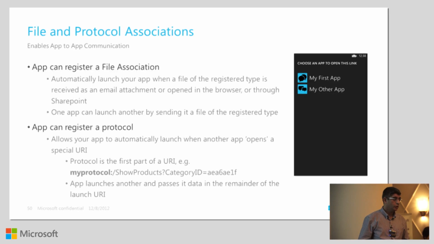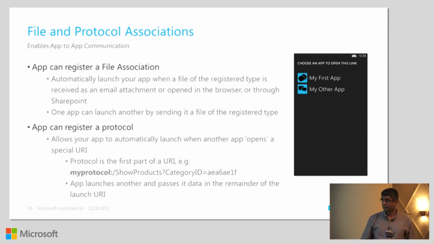You have file and protocol associations, right? This was there previously also, but it has been enhanced. So now you can register an application with either a protocol or a file type. So for example, if you're building a PDF reader, you can associate it with the .pdf extension. Or if you want to have a custom protocol that you want to use to launch your application, you can do that too.